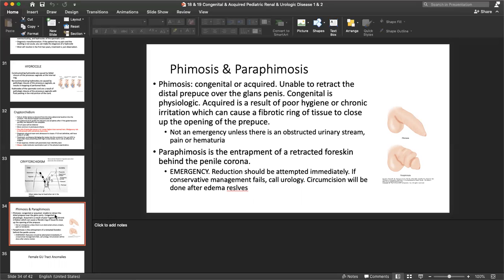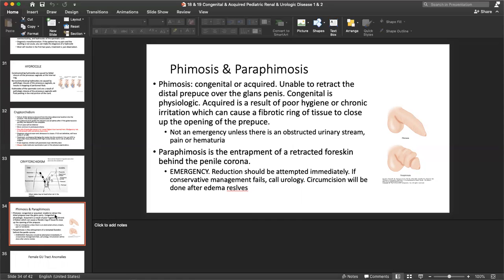This one I think that she really liked. Phimosis and paraphimosis. So phimosis is going to be congenital or acquired. This is non-circumcised men, so they're unable to retract the distal prepuce over the glans penis.